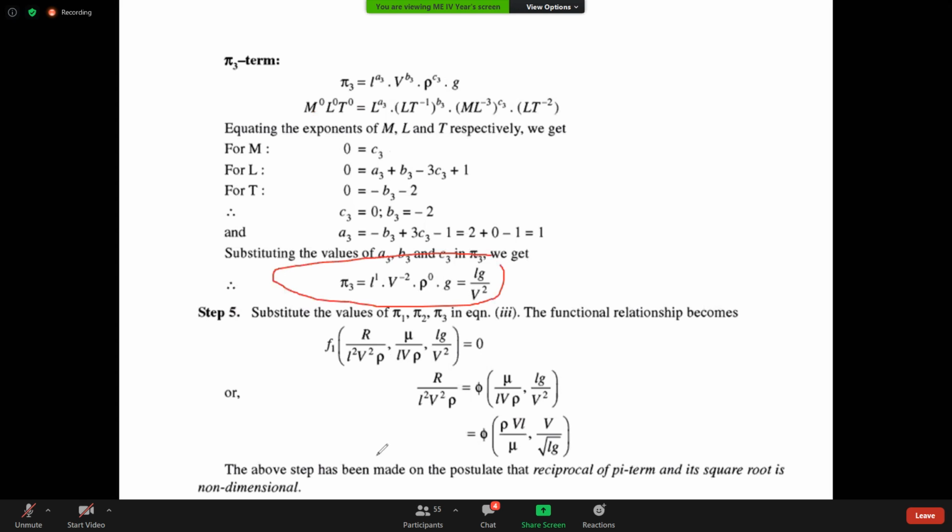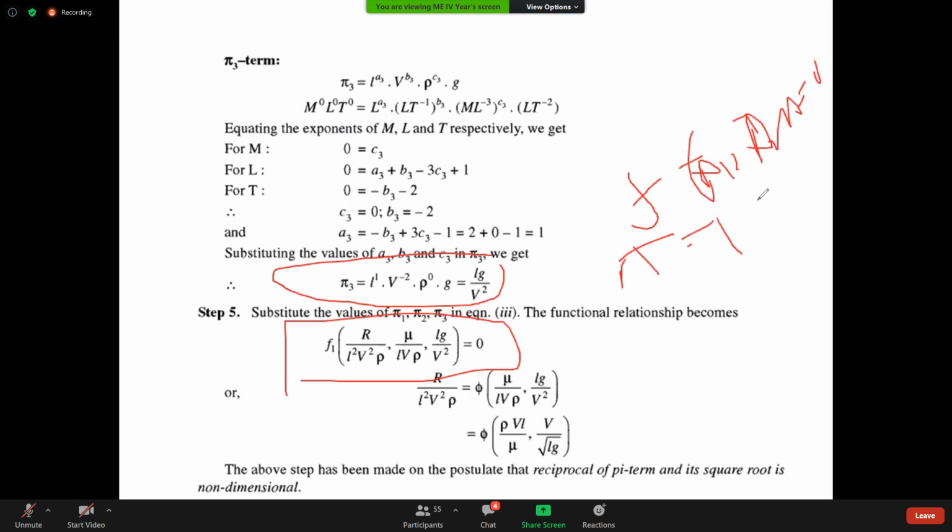So I'll bring into a common function here, right? So the common function I have written: a function of phi 1, phi 2, and phi 3 is equal to 0. But I know that phi 1 is a function of phi 2 and phi 3, because I need to find out this R value, right?